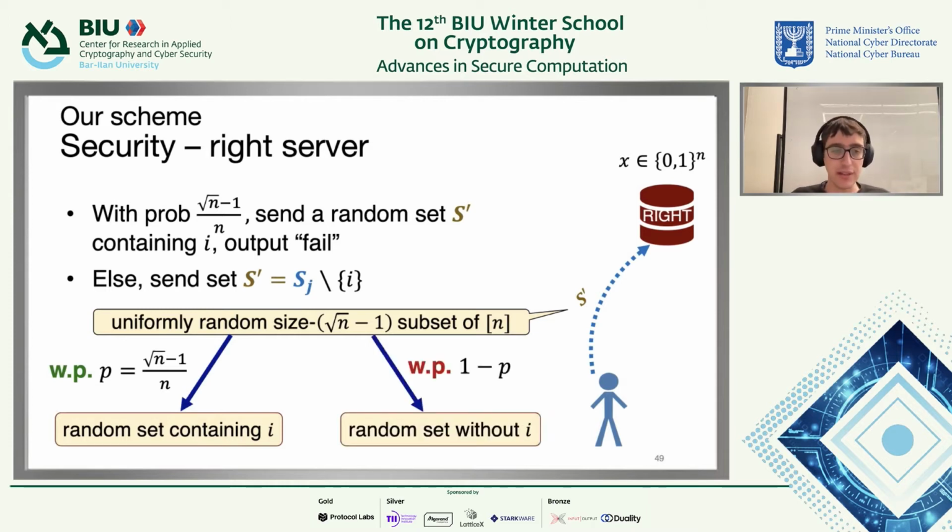The way we structured it, it will contain index i with probability (square root n minus 1) over n, and with the remaining probability, it will not contain i. And this is exactly what you would expect of a random set of size square root n minus 1 to contain any fixed index. So at least with respect to including or not including i, this looks random. Obviously, you need to analyze the entire distribution, but that's the argument.